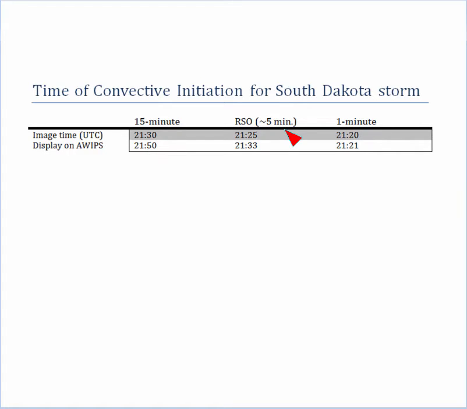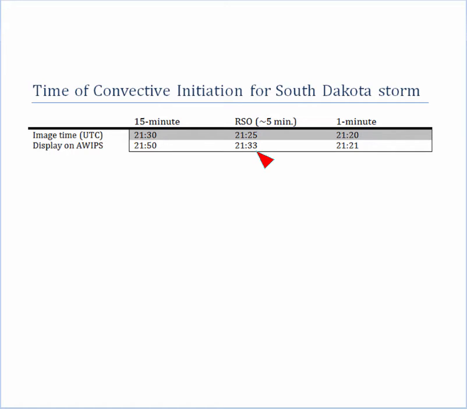Next, we go to the RSO schedule, which is about 5 minutes, and as you might suspect, it's an earlier image, about 5 minutes earlier than the 15-minute mode. And importantly, it takes about 7 to 8 minutes to display on your AWIPS, so we display that lag here of approximately 8 minutes. So this is the improvement from the 15-minute mode when you would actually see it on your AWIPS.